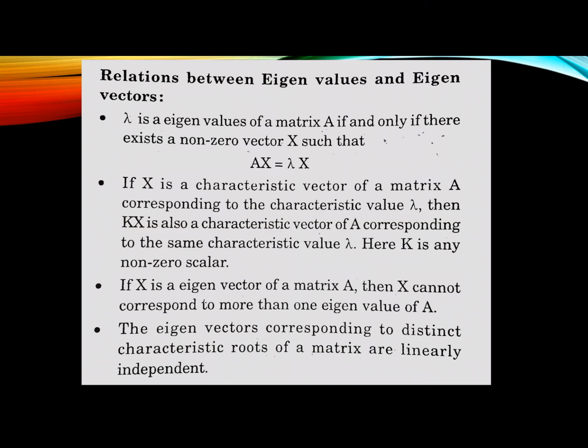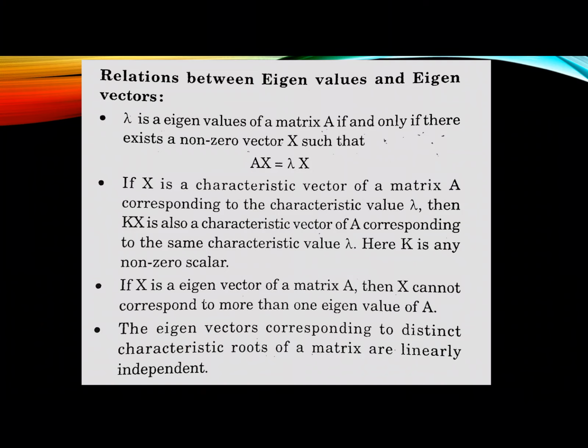This x corresponds to one eigenvalue of A, not more than one. Suppose lambda is the eigenvalue of the matrix A, then x corresponds to the eigenvalue lambda only. There is no other value to which it will correspond.